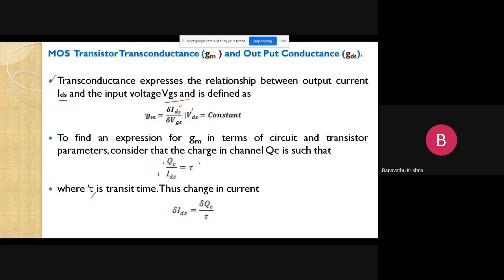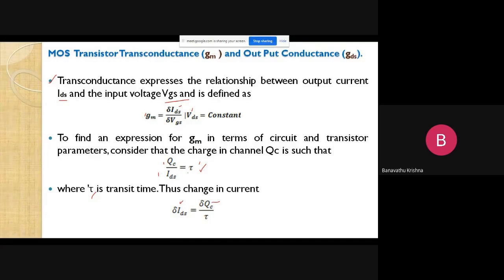Now we need to calculate the transconductance, so the change in charge, and also the change in current. Using this equation, delta QC, the change in charge, is equal to the change in current times tau.